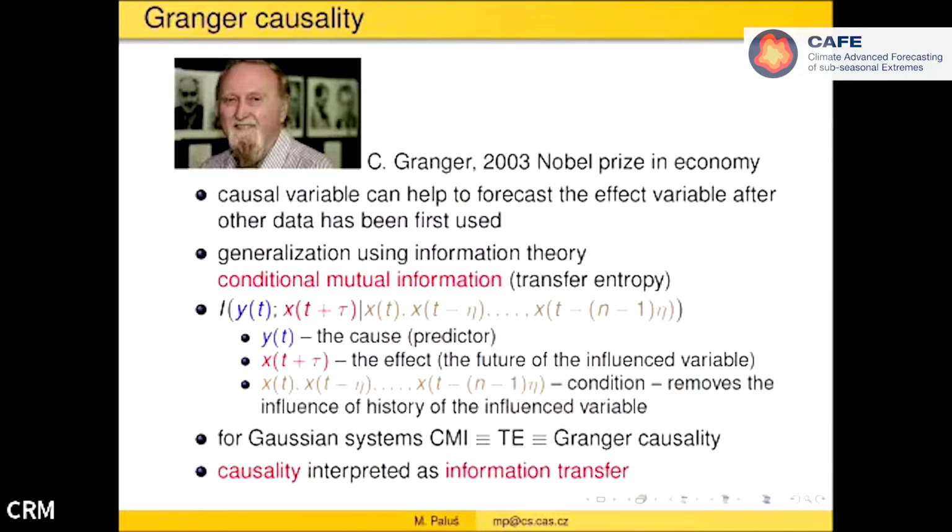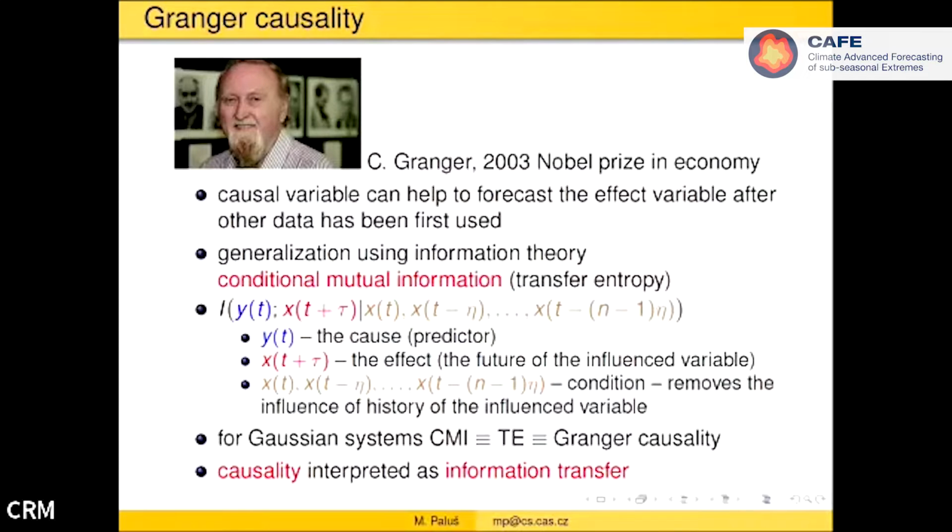This conditioning means that we are removing possible information about common history, and we really measure just the influence of y now on the future of x. We can interpret this conditional information, which is also known as transfer entropy in the literature, in terms of Granger causality as the cause or predictor, the effect or the future, and there is the conditioning.